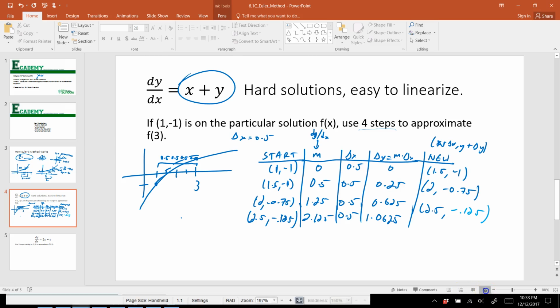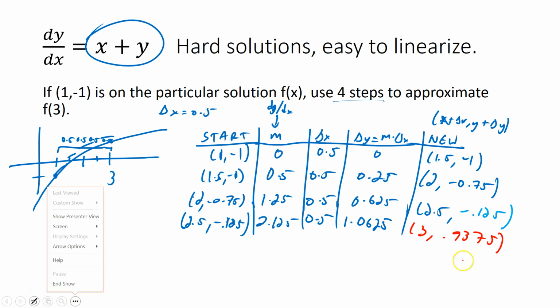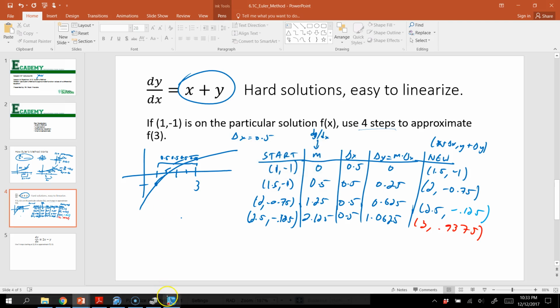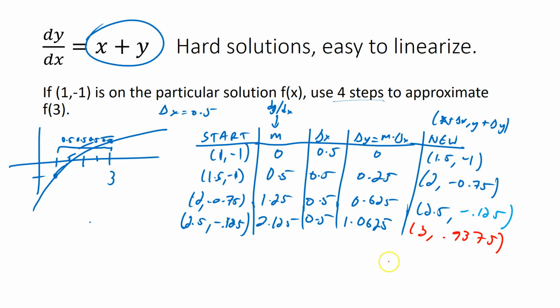So we have 3, 0.9375. Whew. Had to work hard for that. I hope I wrote it down right. Yes, 0.9375. Awesome. Kind of clunky with the touchscreen here. But anyway, so now we stop, right? Because we have f of 3. So f of 3 is approximately 0.9375.